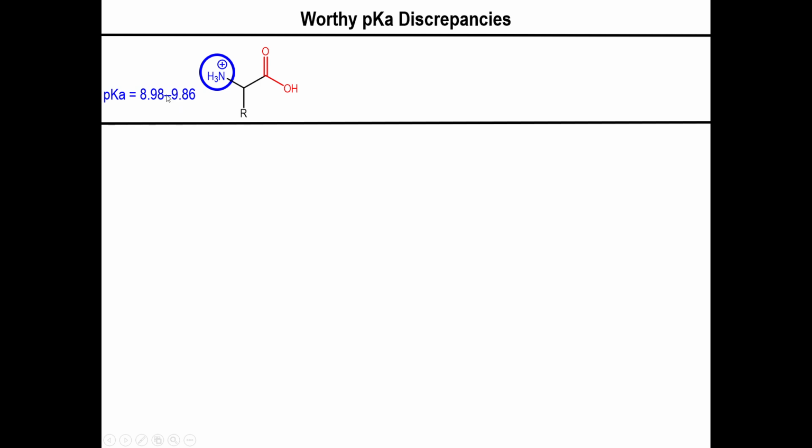I took the average value and then added the standard deviation, which gave me 9.86. So this is the range where the majority of amino acids tend to have their pK value for the amine group. For the carboxylic acid group, I did the same thing: I subtracted the standard deviation from the mean and added it to the mean. This gave me a range which applies to the majority of the amino acids on the list.